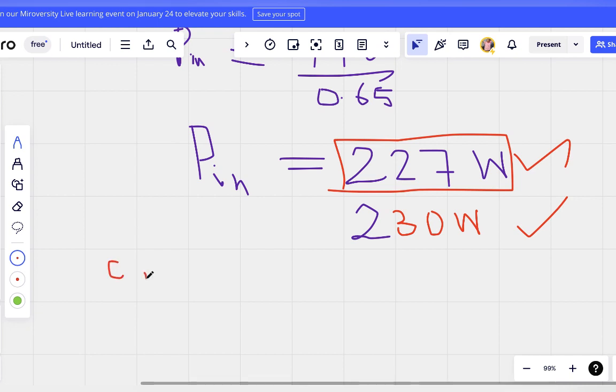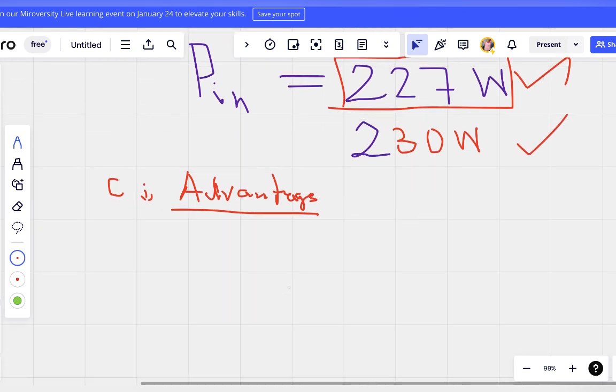So since we are looking for the advantage of oil, we say it does not depend on the weather. For wind, it depends on the weather, right?